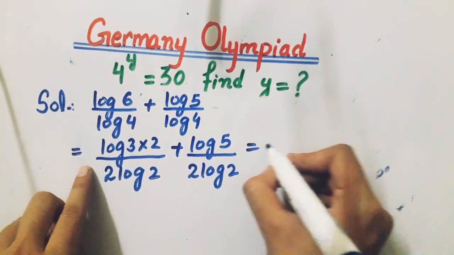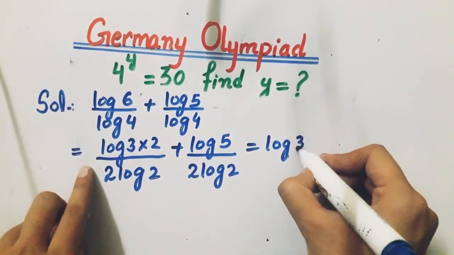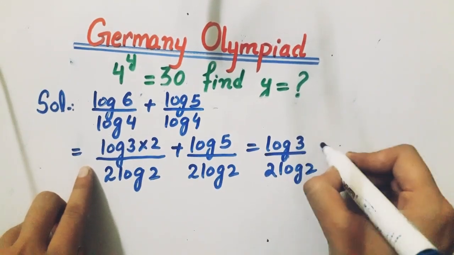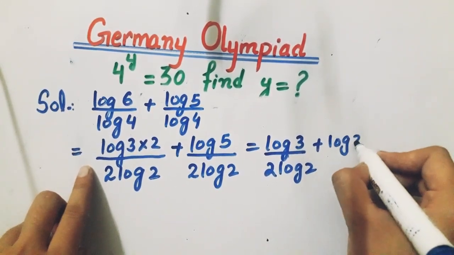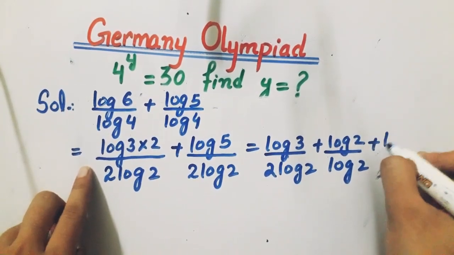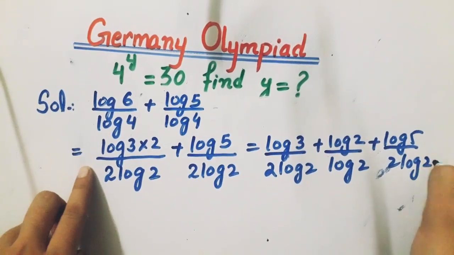So this will become log 3 by 2 log 2, plus log 2 by 2 log 2, plus log 5 by 2 log 2.